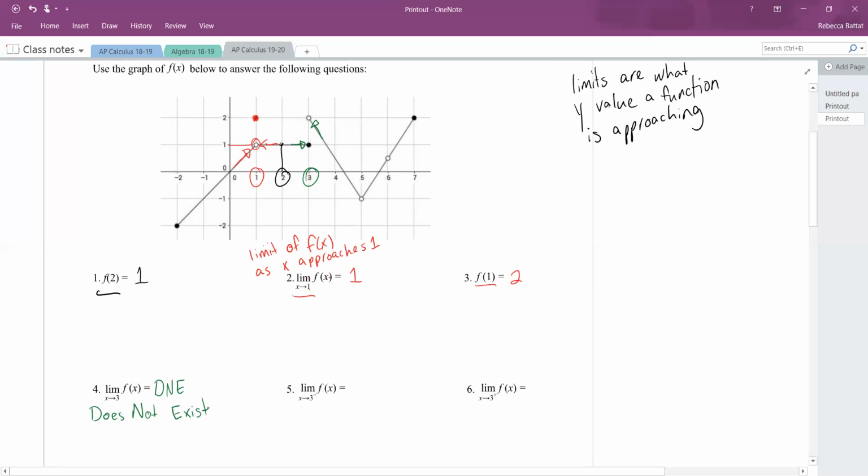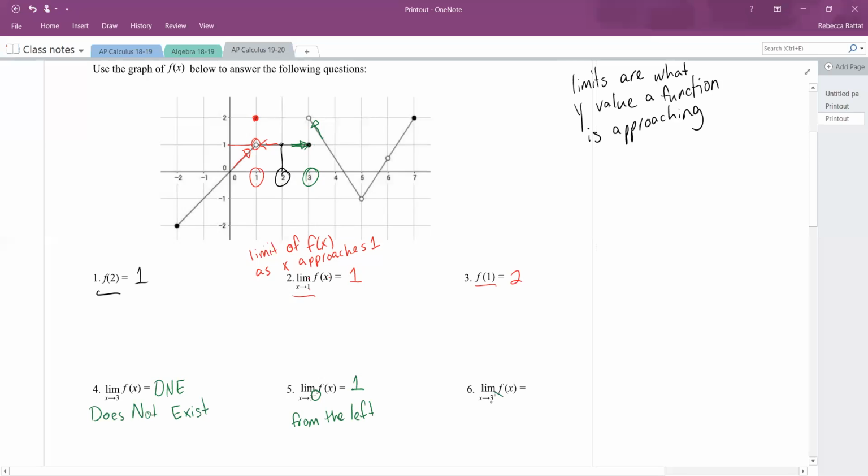However, we can clarify which side we want. So here we have this negative sign at the top. This negative tells us we're approaching 3 from the left, or from smaller x values. So what's a number smaller than 3? 2. So if we're going from 2 and approaching 3 as the x value, our y value here looks like it is 1.